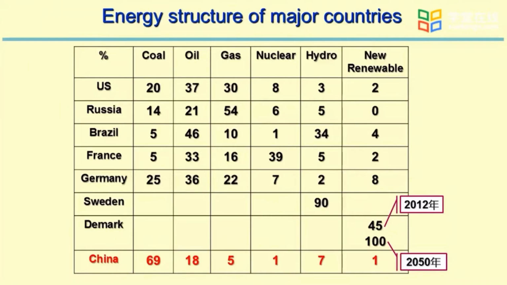If we look at the energy structure of major countries, you can understand why we have such heavy smoke, because China uses almost 70% of coal as its energy. In Sweden, 90% of the energy comes from hydro generation.